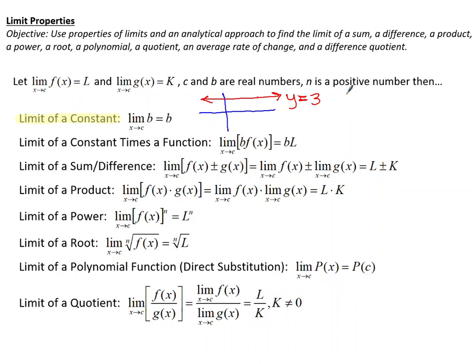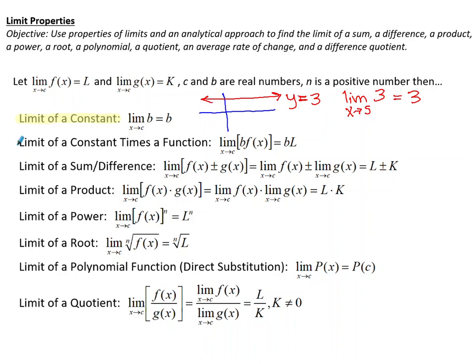So for example, if we were to write the limit as x approaches 5 of the constant function 3, we will get the constant number 3. It's all about where the function is going. So we want to think about, perhaps sometimes, what the graph looks like.